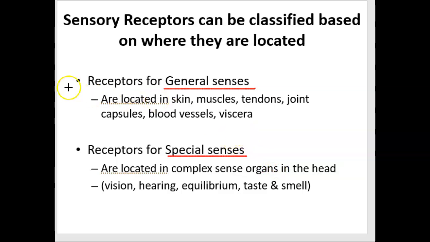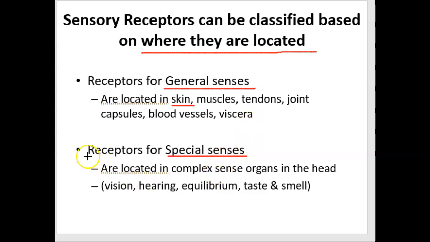Sensory receptors then are classified by what it is they detect as well as where they are located. General sensory receptors, touch, pressure, temperature, are going to be located in the skin. Also other places: muscles, tendons, joints, blood vessels, viscera, as you know if you've ever felt pain anywhere other than your skin.